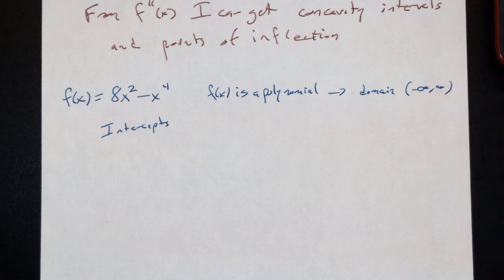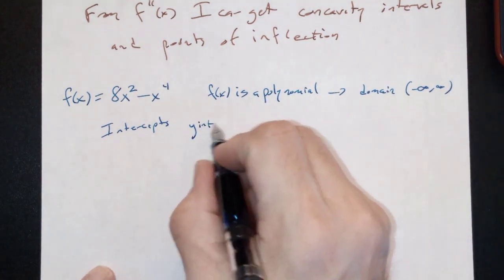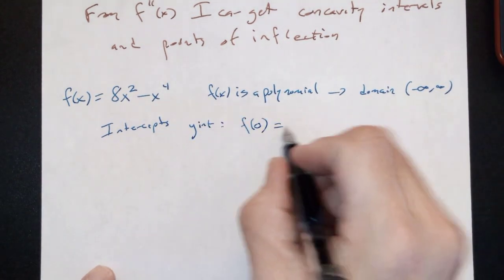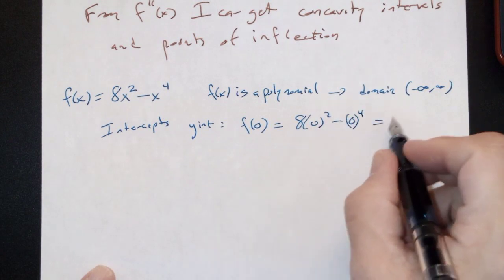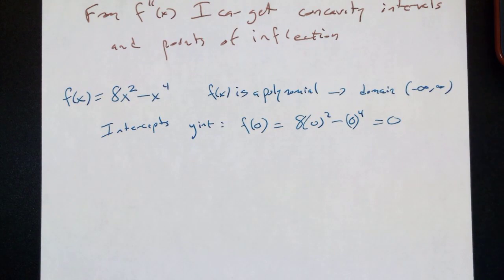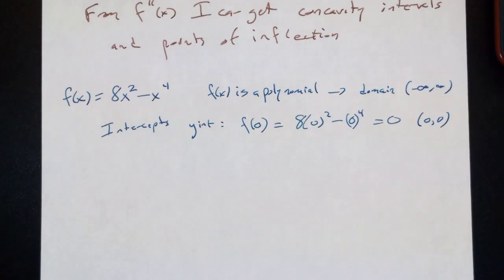My y-intercept, I plug in 0. Hey, wait a minute. If the y value that comes out is 0, that also makes that an x-intercept. I now have a point on my graph.